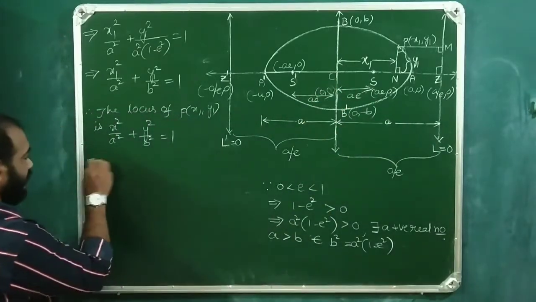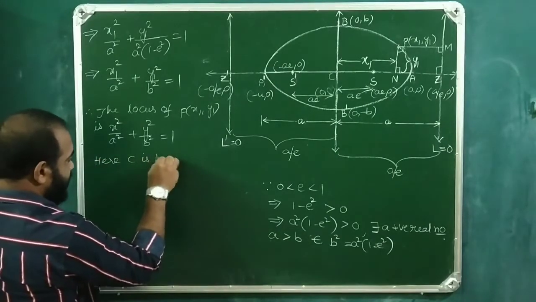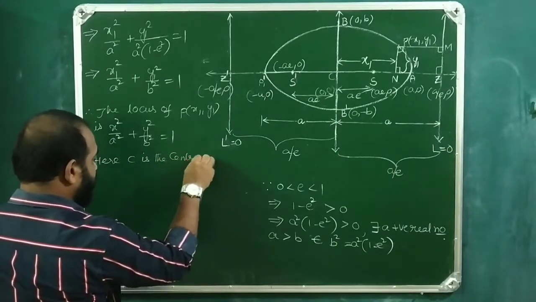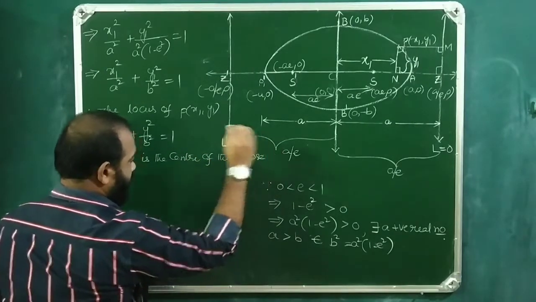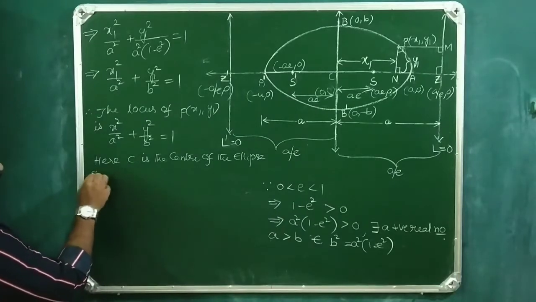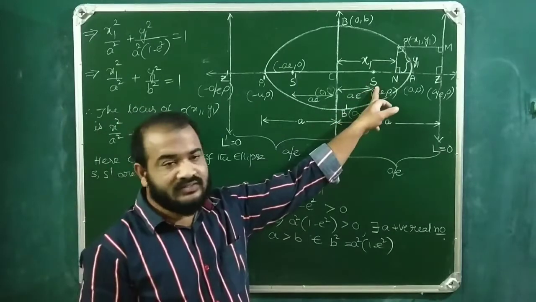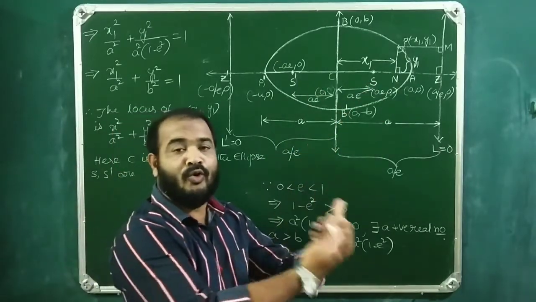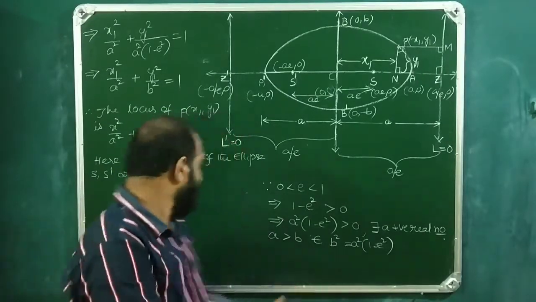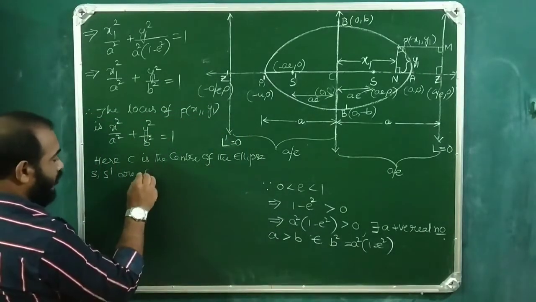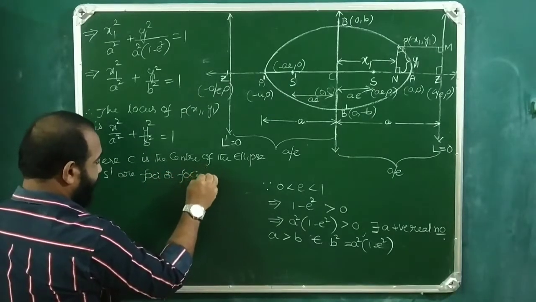Here C is the center of the ellipse, and S, S dash are the foci, where S and S dash are plural, more than one focus.